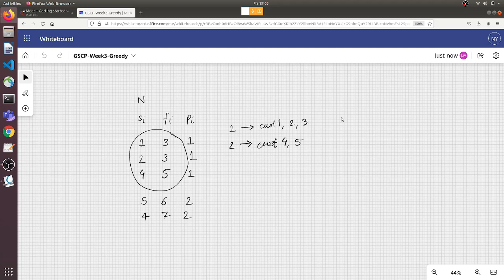Then you apply the algorithm that we just discussed on each list independently, and the answers that you get, you have to sum them. Take the summation and that will be your answer.